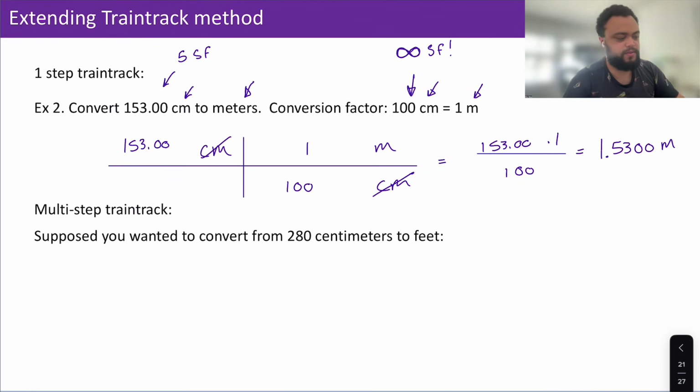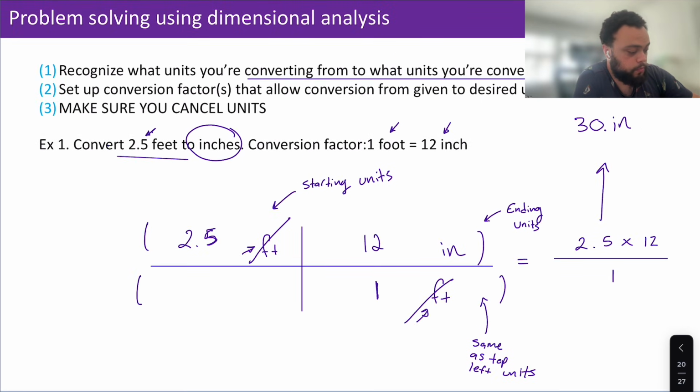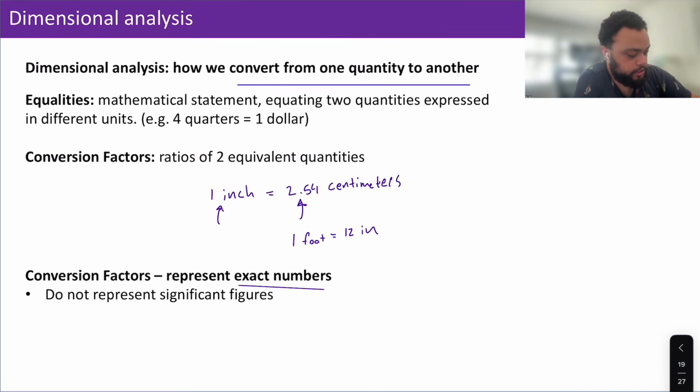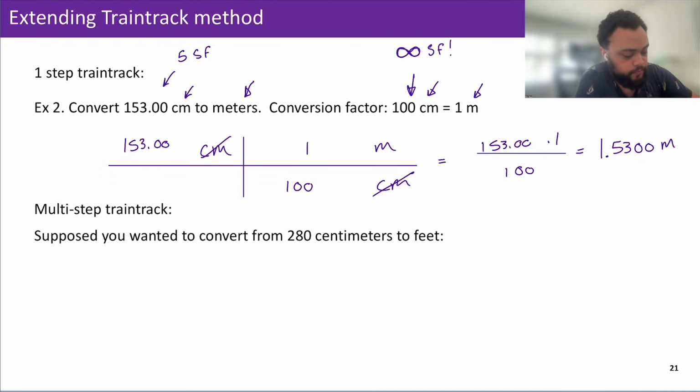So if we want to convert 280 centimeters to feet, we know that 1 foot is 12 inches. We know that 1 inch is 2.54 centimeters. We can use this data. So 1 foot equals 12 inches. 1 inch equals 2.54 centimeters.